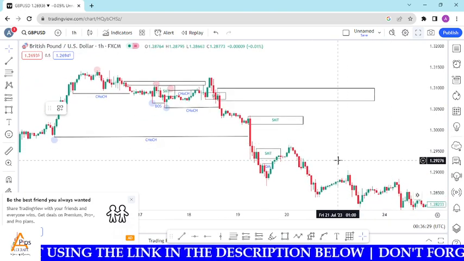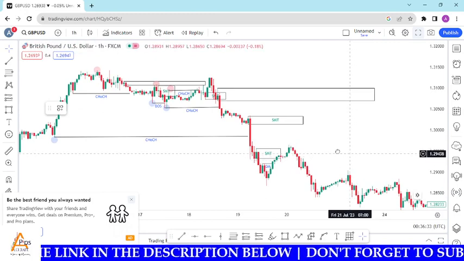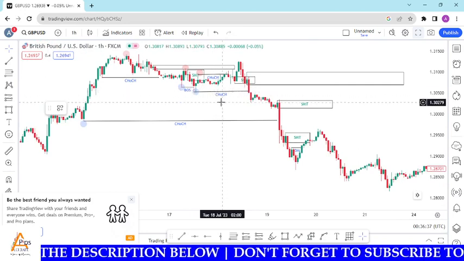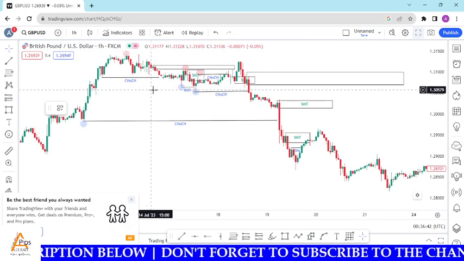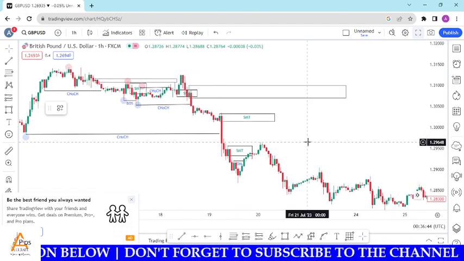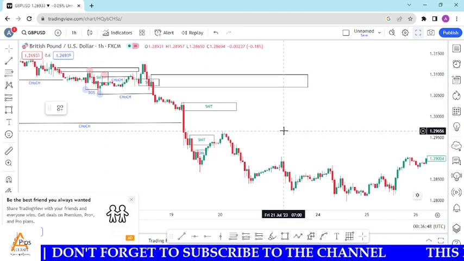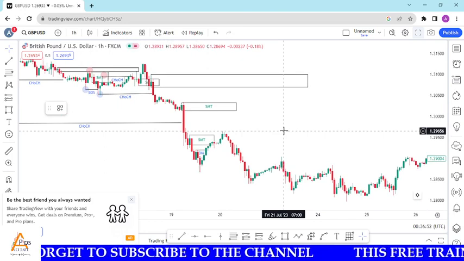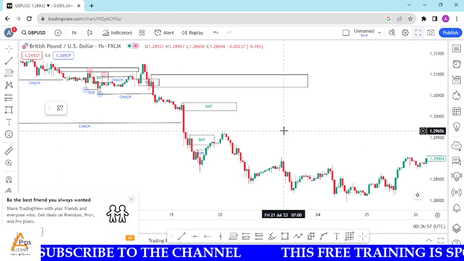I don't make the lesson very long, so I'm just using this to set examples for you. As you can see already, I've shown you they are fake chalks, fake break of structure, fake change of character, and fake OB areas. But we have already learned how to identify the valid OBs, the valid structure, the valid change of character, and so on.